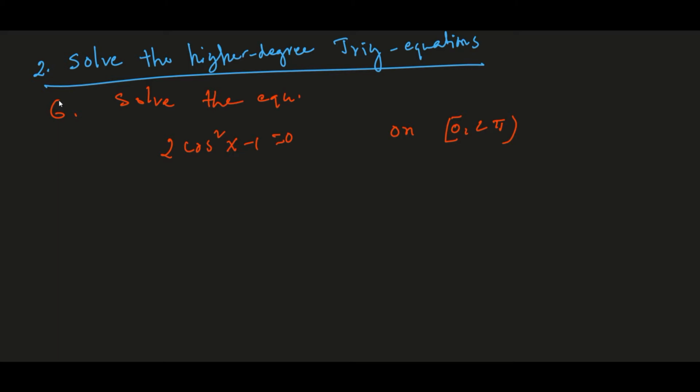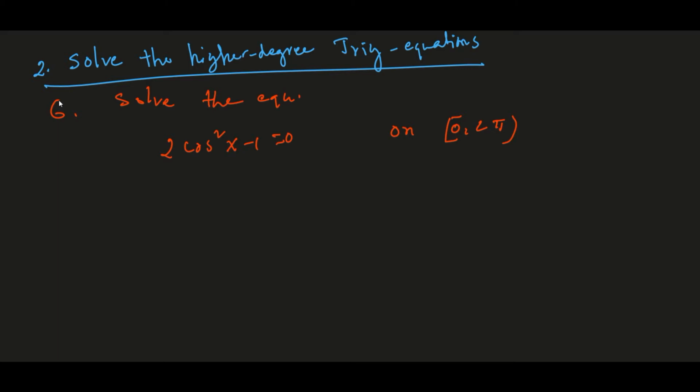Now to solve this, we can see this is a second degree equation, so we can expect there are at least two solutions. There might be more than one solution because this is a trigonometric function.